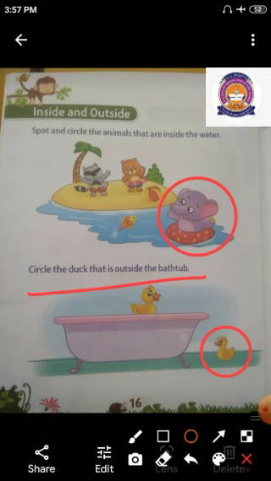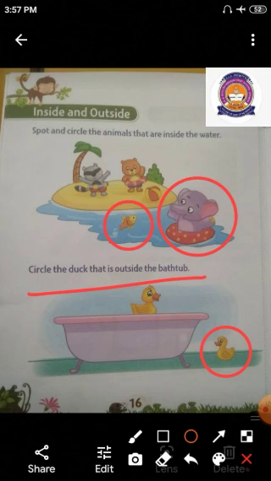Okay, in the first one, spot and circle the animals that are inside the water. The elephant is inside the water and the fish is inside the water. That's why you have to circle the animals, the elephant, right?